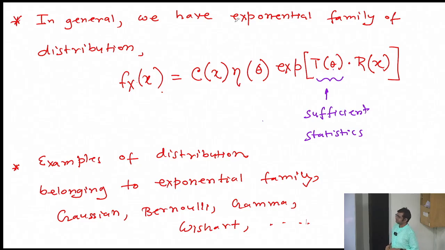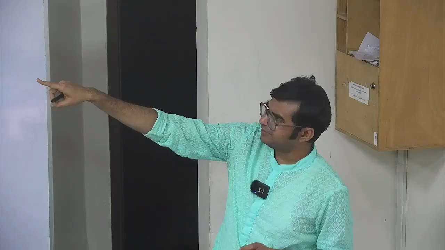Parameters are there, right? Theta are the parameters, and you will see that whatever is the parameter of the original distribution, theta will actually be, T will actually be a function of those things only.